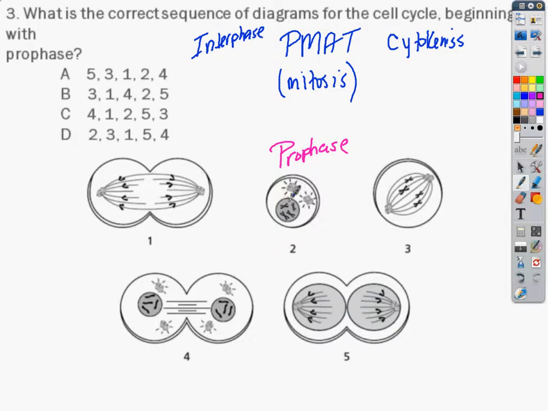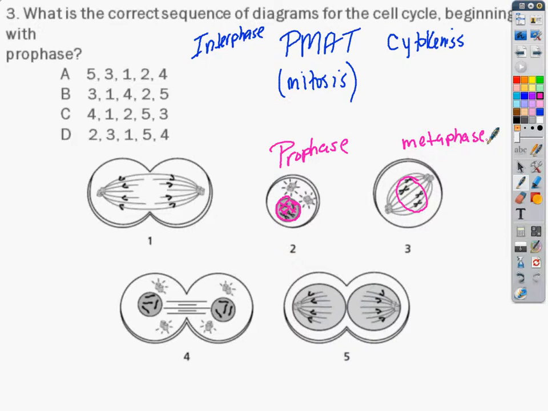Because again, you have this nucleus, but you can see the chromosomes inside there. Next, you have M. M is metaphase. Metaphase is where they line up in the middle of the cell. And so here we have this lining up here. And so this is metaphase.